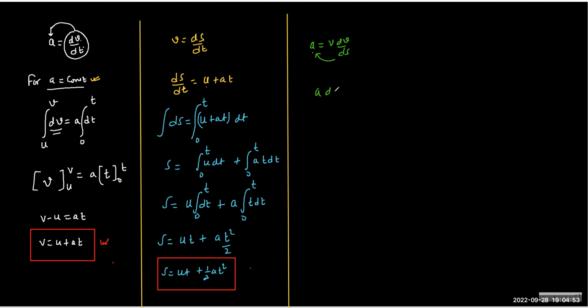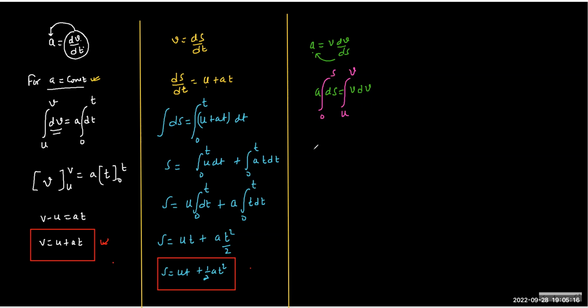So I can write a ds is v dv, and because again a is constant, I'm taking it out of the integration in the very first go. So when you begin, your speed is u, and you travel nothing, and after some time your speed is v, and you travel something. That's called s.